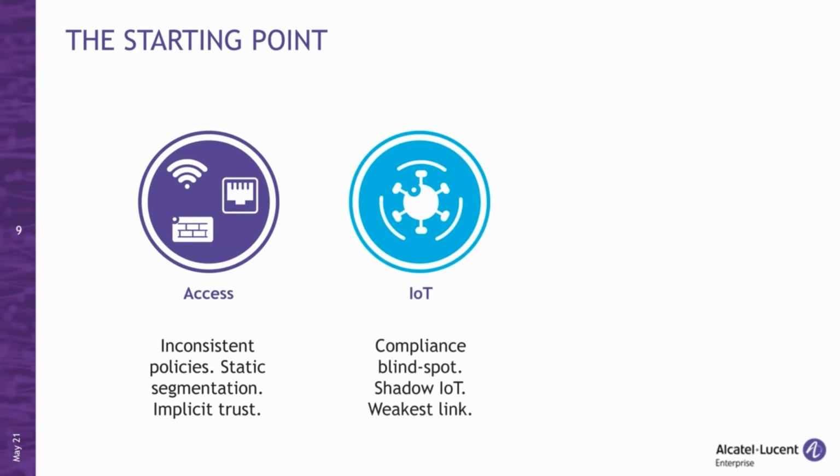IoT is a big compliance blind spot, and IoT devices tend to be the weakest and most vulnerable because they're not managed by IT. No compliance with password and many other IT policies, outdated firmware, no endpoint protection in the form of antivirus, etc. In many cases, these devices are not even known to the IT department.